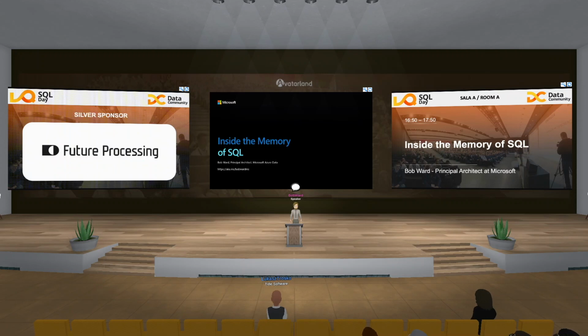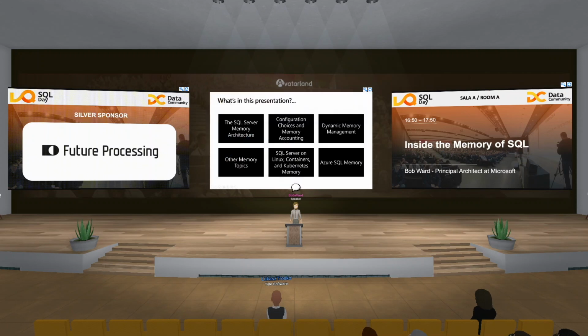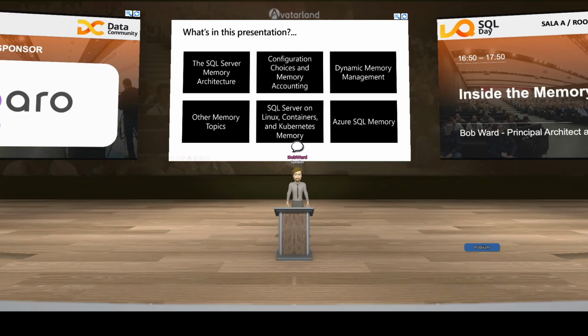So with that said, let's get started on the topic that we're going to talk about. We're going to talk about the architecture of the memory of SQL. And by the way, that applies to SQL Server on Windows, SQL Server on Linux, and Azure SQL. In fact, I'm going to talk not just about the architecture, I'm going to talk about certain configuration choices that you're going to make and what I call the term memory accounting.